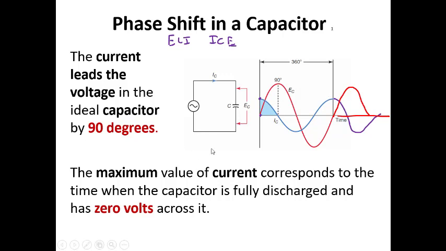If we have a purely capacitive circuit, we'd get a 90-degree phase shift. If we added some resistors in here, that would cause this waveform to move to the right a little bit. If we added inductance, it would also move to the right. The maximum value of the current corresponds to the time when the capacitor is fully charged and has 0 volts across it. So we get the maximum current when the capacitor is fully charged.